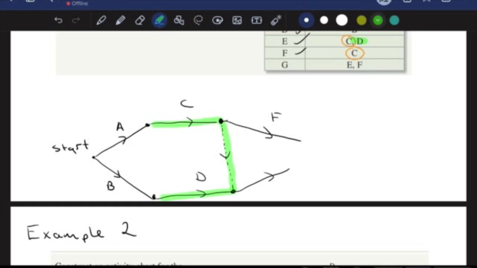So this is going to basically show us connecting these so that we can make this activity chart work on a network diagram. Now, once we get to G, it has the immediate predecessors of E and F. So I can go to G and finish up over here.